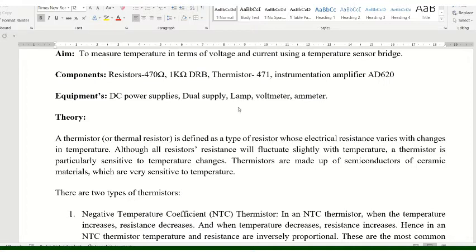We are using the lamp with a dimmerstat, wherein the dimmerstat is used to provide a voltage which ranges from 20 up to 230 volts. That will vary the intensity of the lamp. The intensity of the lamp here we are using as a temperature to our sensor. Then we are using a voltmeter and ammeter to measure the current and voltages.